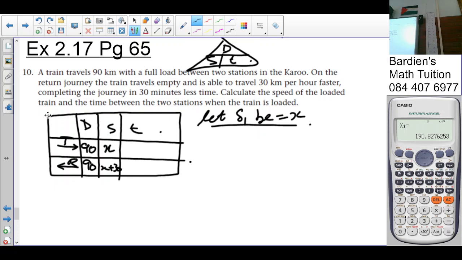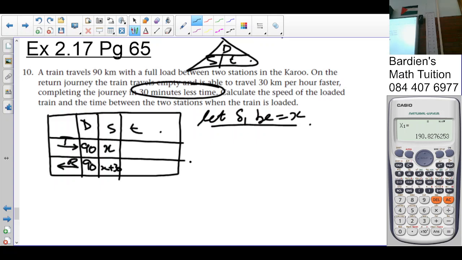Okay. 30 kilometers faster, and completed the journey in 30 minutes less time. So the difference between the two is 30 minutes, which is 30 over 60. Calculate the speed of the loaded train and the time between the two stations when the train is loaded.